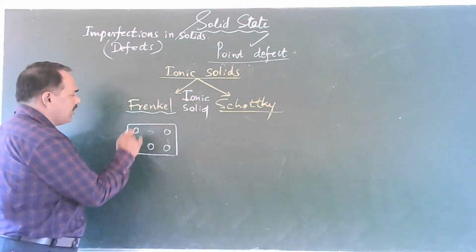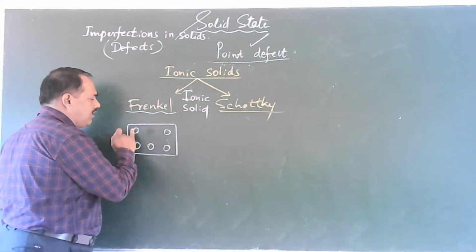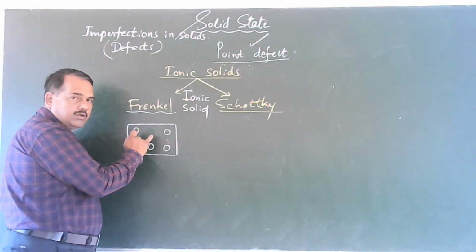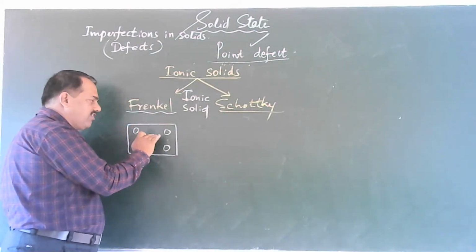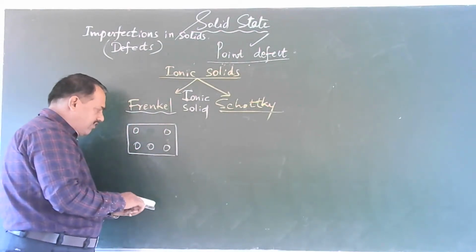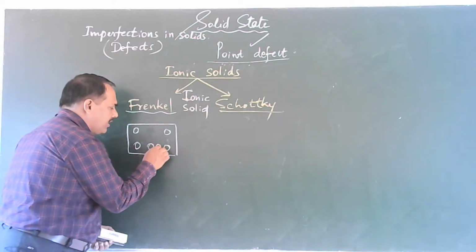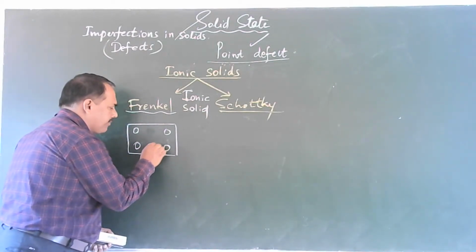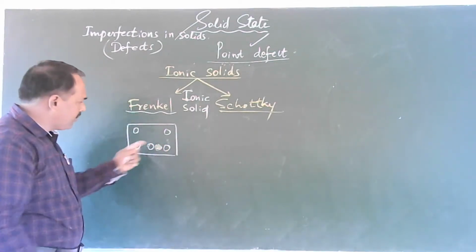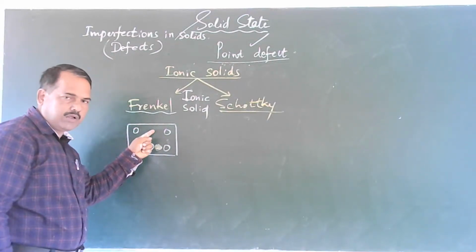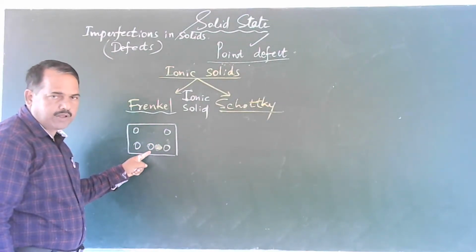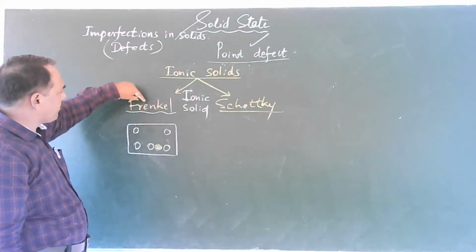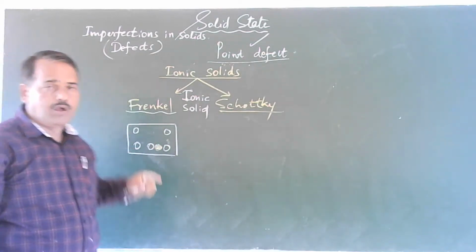Whatever particle is missed in one point, in one row, is in the same solid, but it is present in another place. It also creates an interstitial defect. And this type of defect is called Frenkel defect.